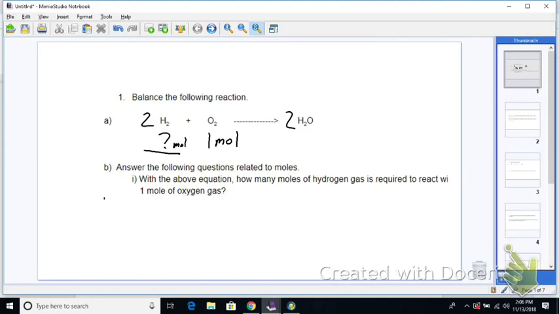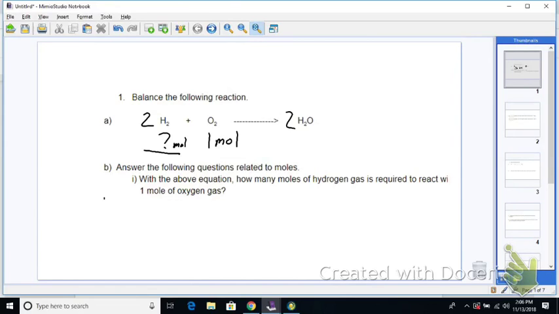So if I got 1 mole of oxygen, how many moles of hydrogen do we need? 2. Does everybody see why it's 2? But not every problem you do is going to be that simple, where the answer is really in the actual equation.